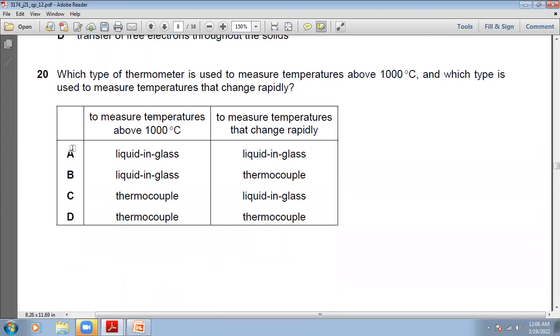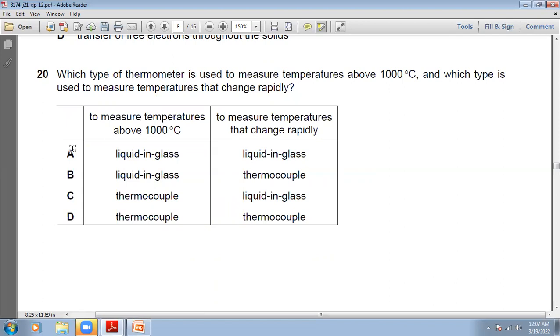Which type of thermometer is used to measure temperature above 1000 degrees centigrade, and which type is used to measure temperature that changes rapidly? If you want to measure very high temperature, you will use a thermocouple.